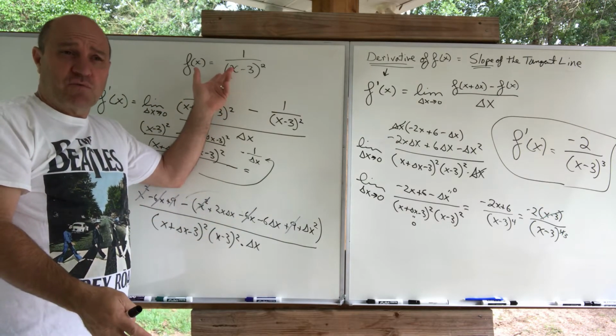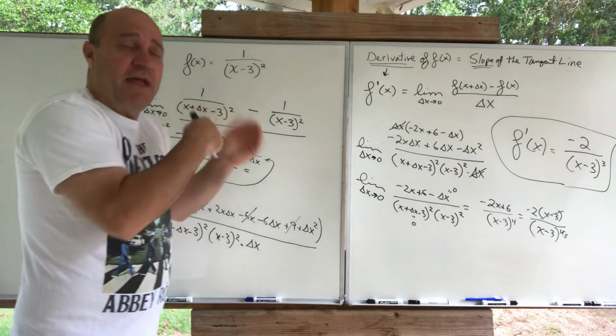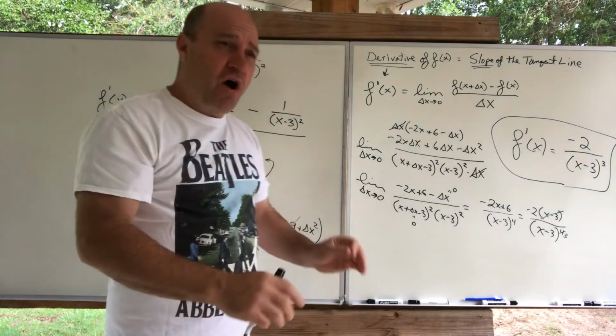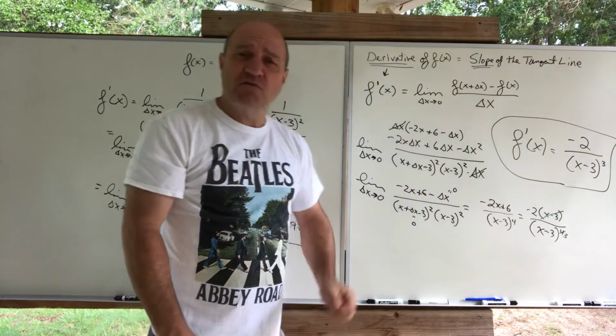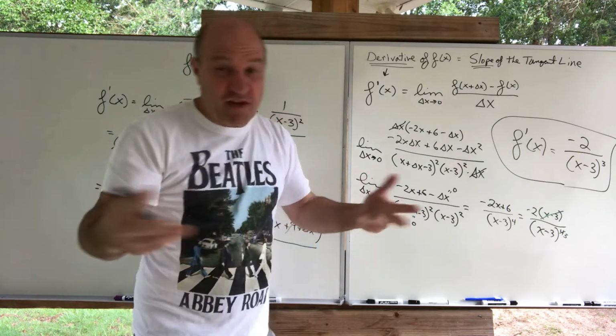So at x equals 3, the original function had a bad place, a discontinuity, and therefore the derivative was also undefined. When the derivative is undefined, we say the function is non-differentiable. The derivative doesn't exist.